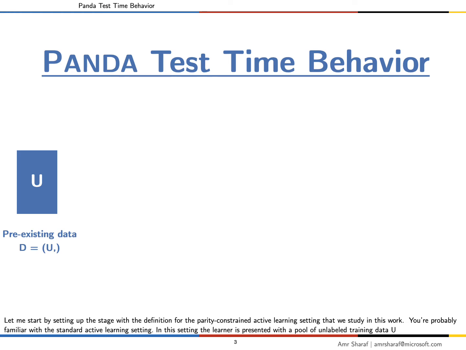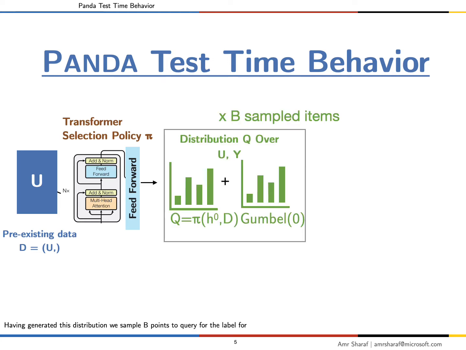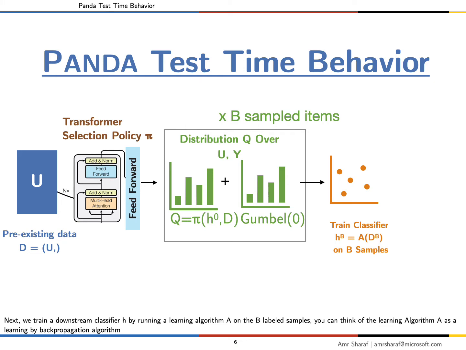You are probably familiar with the standard active learning setting, where the learner is presented with a pool of unlabeled training data, and our goal is to learn an active learning policy pi that will generate a categorical probability distribution over the pool of unlabeled data U. Having generated this probability distribution, we sample B points to query for the label, and then we train a downstream classifier by running a learning algorithm A on the B labeled samples. And you can think of the learning algorithm A as a learning algorithm by backpropagation.